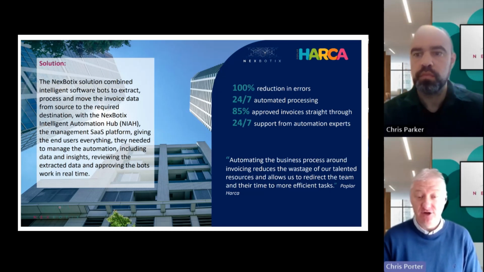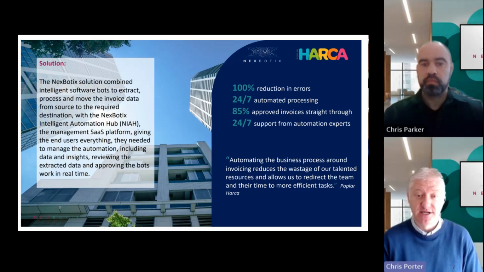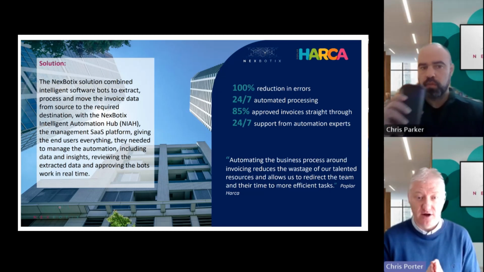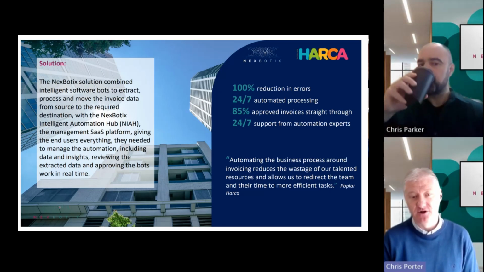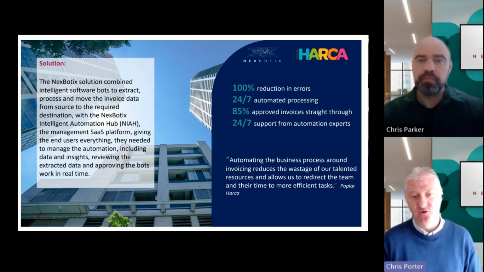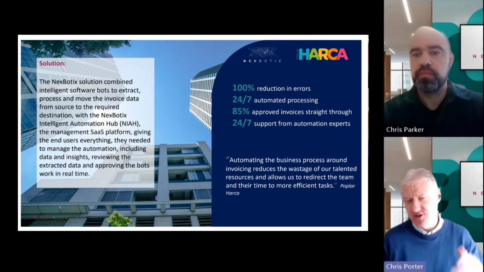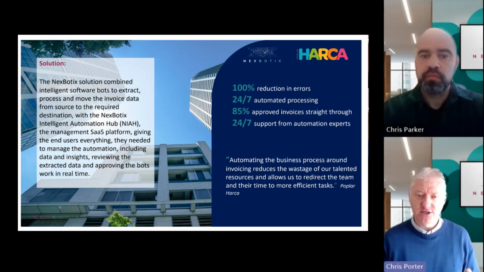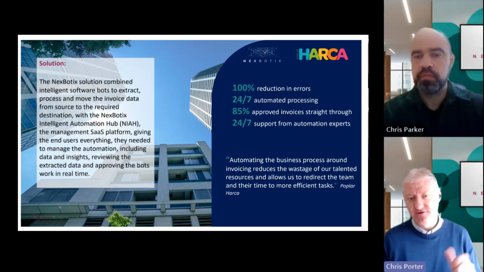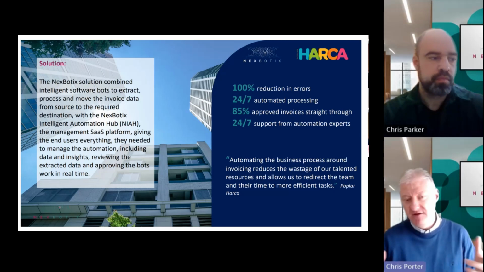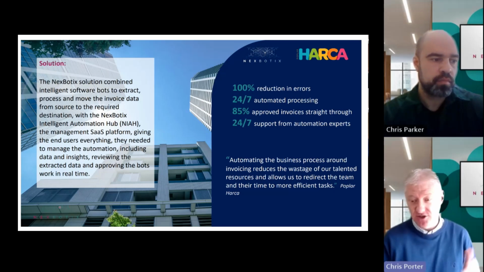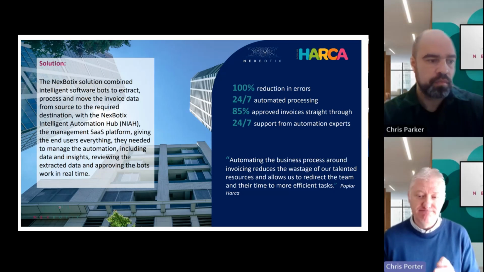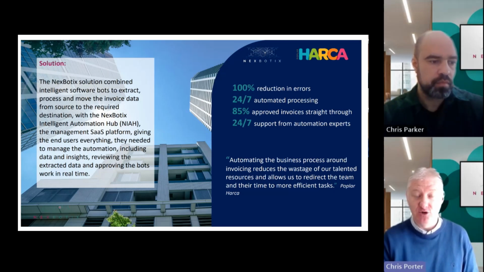Very, very happy client, re-signed a couple of times now with us, and they've seen 100% error reduction. So no more errors in the invoicing process. Of course, the bots can run 24/7, but critical for us was this high rate of throughput. We monitor the amount of invoices, in this case, but it could be transactions, it could be anything that we're putting through the automated solution, and how much of that goes straight through without any human touch.